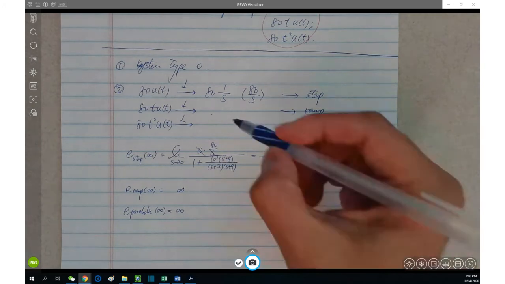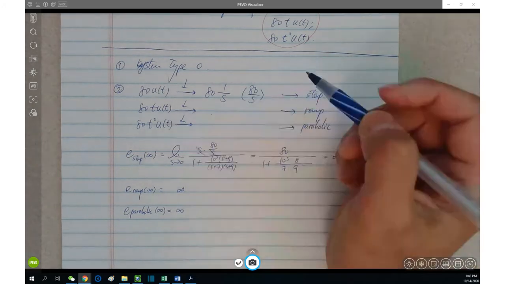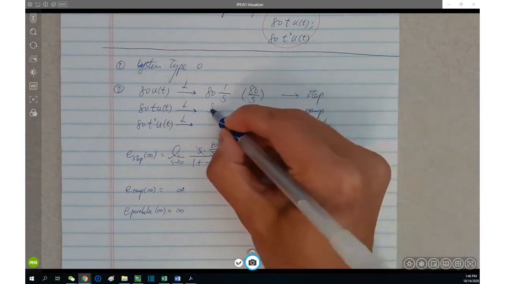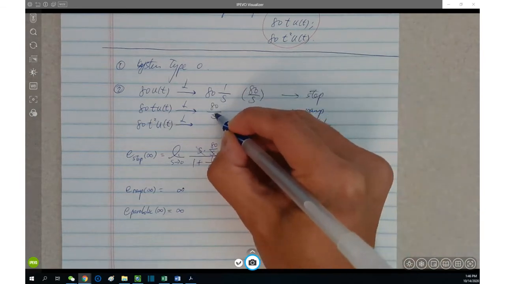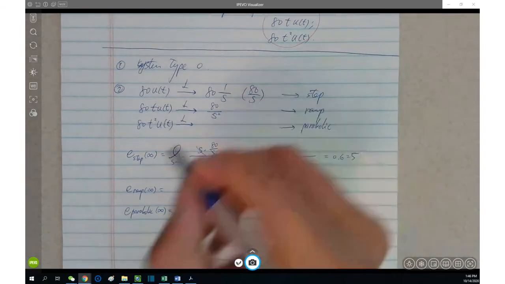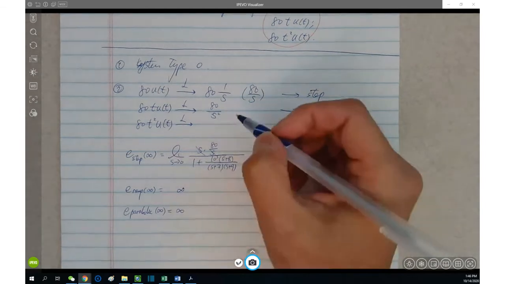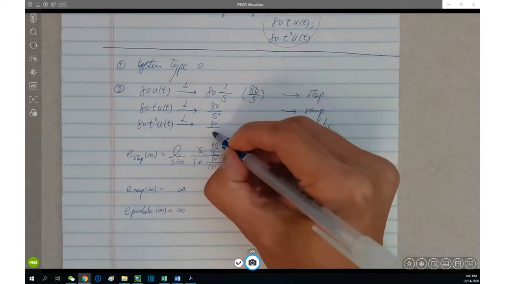Or let's see, what is the S domain function for this ramp? What is it? 80 over S squared, of course. Okay. How about the third one? The third one is 80 over S cubed, right?